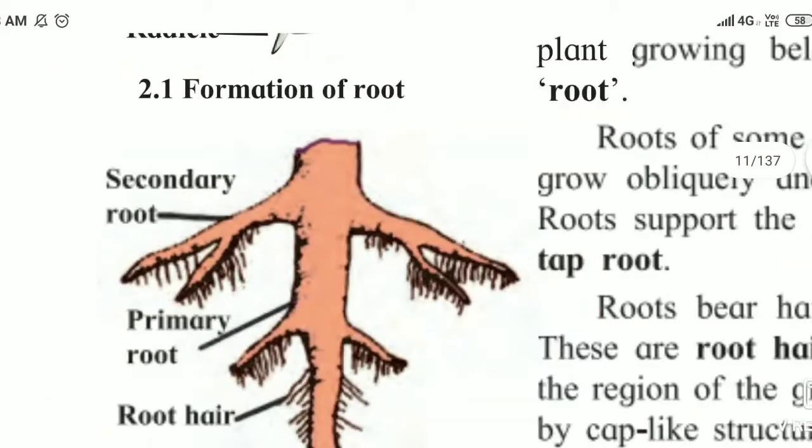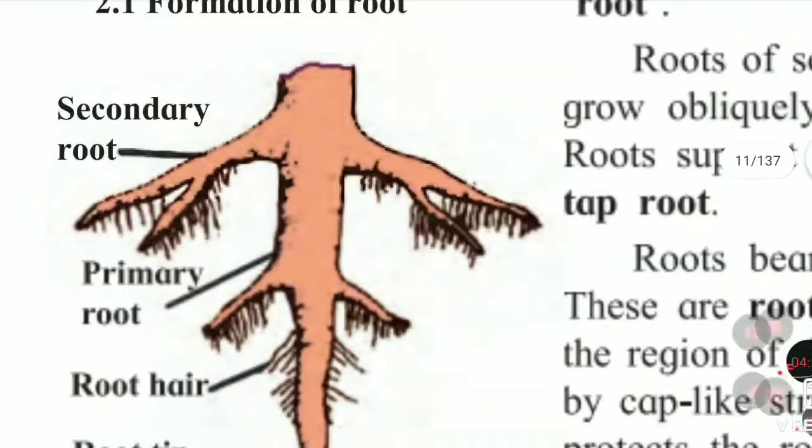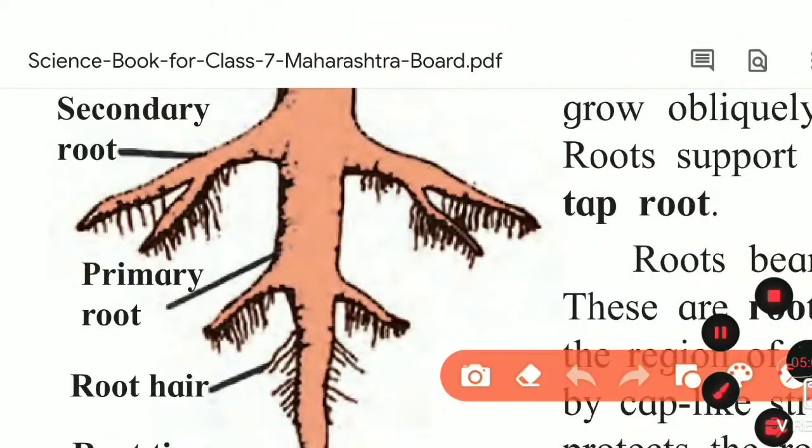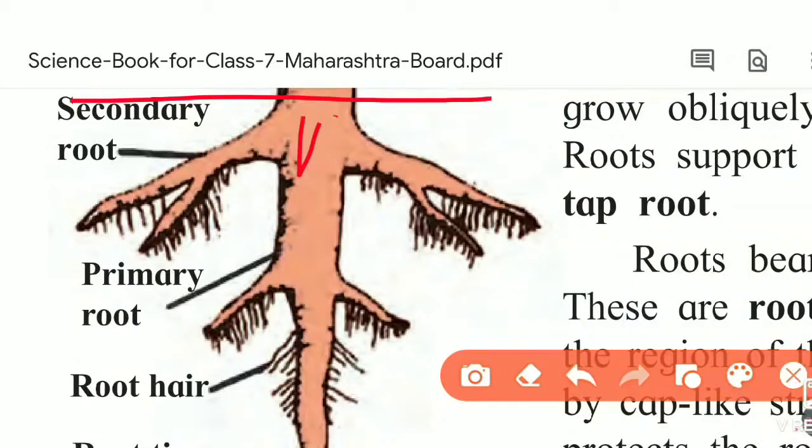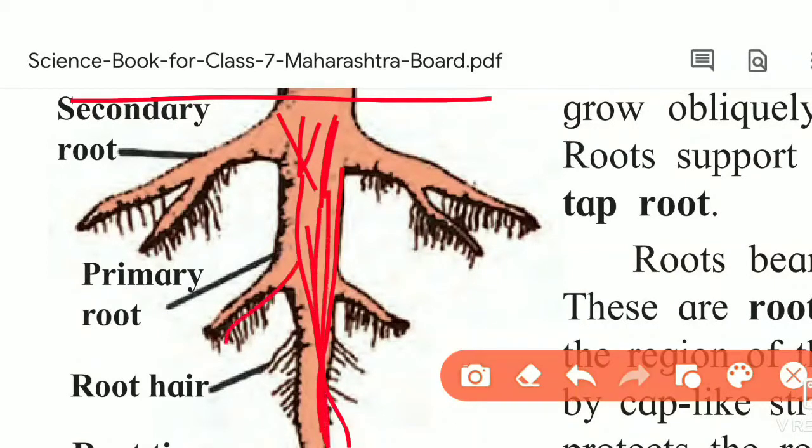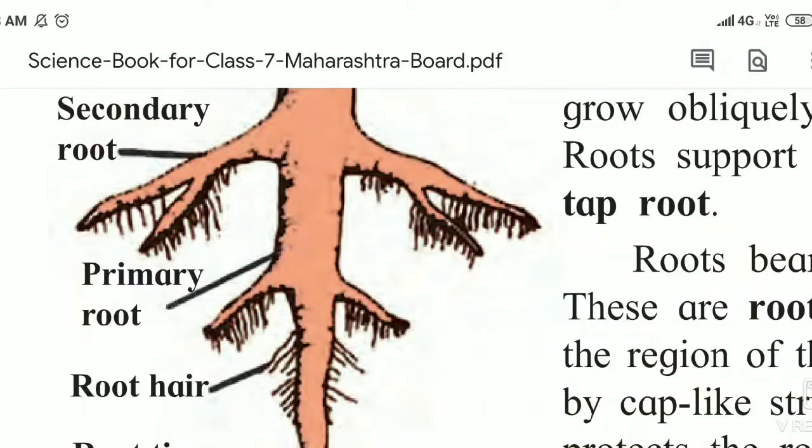If you see this picture, you will notice that this part which touches the ground is thicker, and as you go down the thicker part tapers. All the branches are also tapering towards the end of the root.